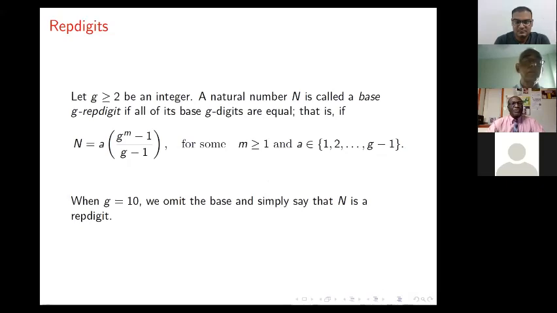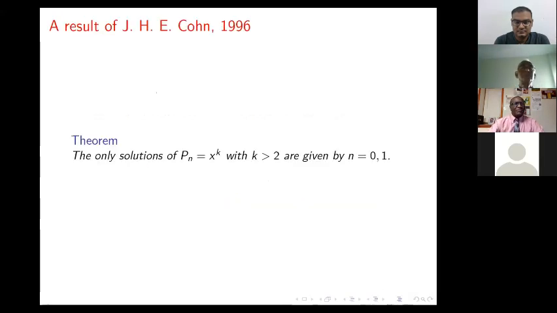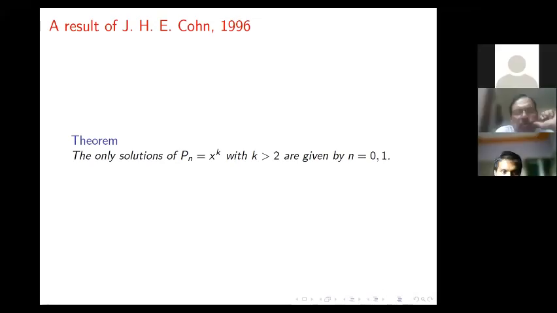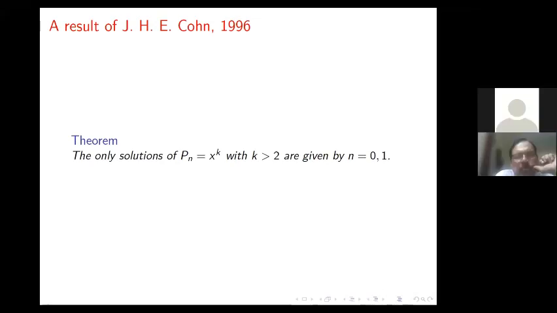All these sequences are very well known, and people are looking for properties related to these sequences. For example, it was a hard problem to find the powers in these sequences. And John Cohn, in 1996, proved that the only solutions of Pn equal to y to the k, with k greater than 2, are n equal to 0 and 1.